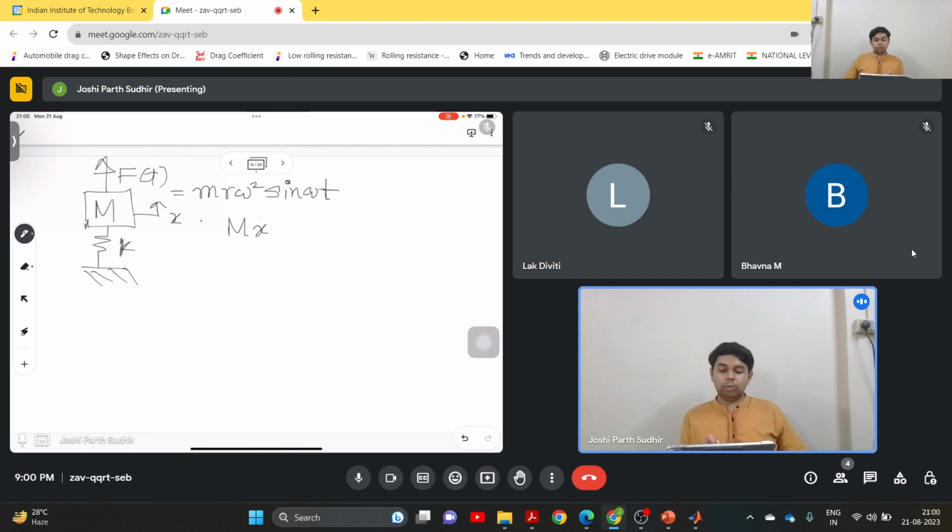So mx double dot is for the vertical displacement of the mass, which represents the whole aircraft mass, the capital M. So this free body diagram will look like this.